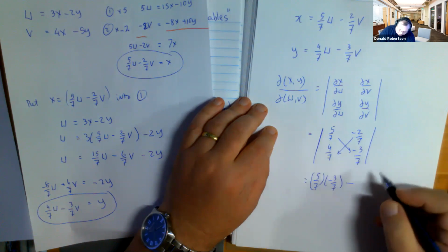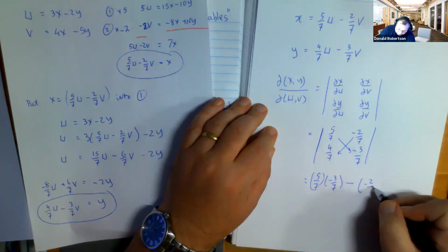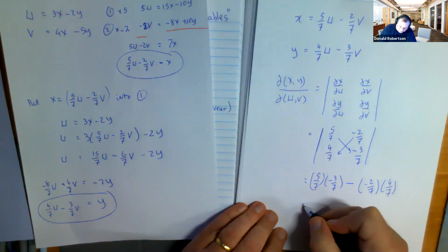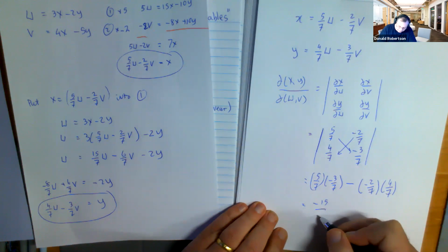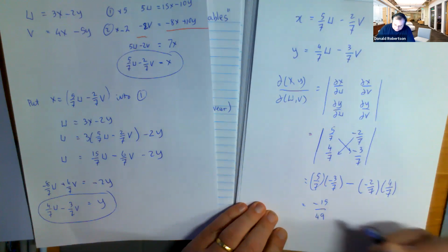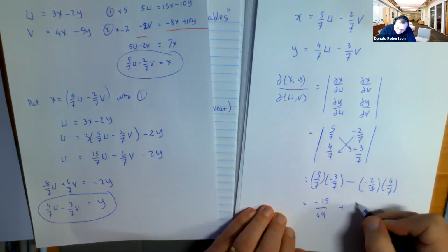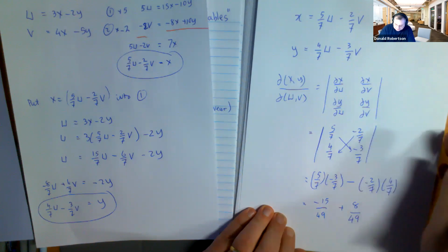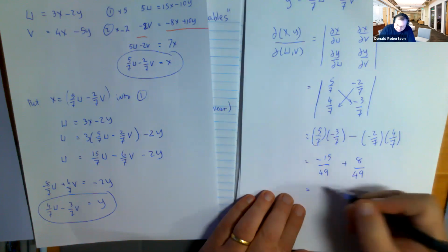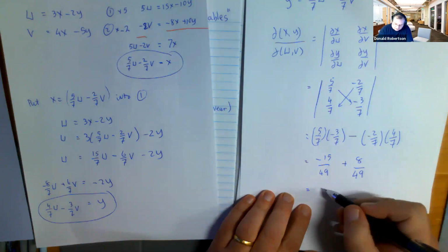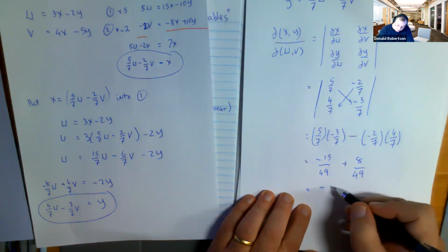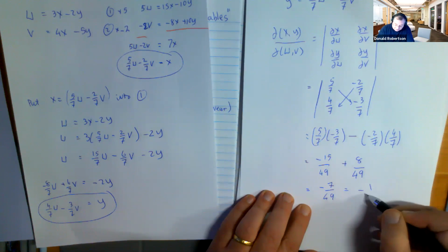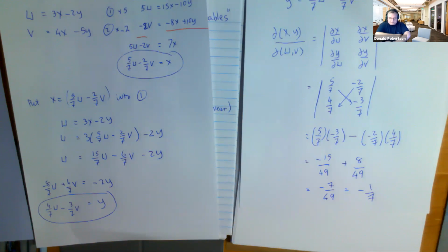Subtract minor diagonal, negative 2/7 times 4/7. That's negative 15/49. Add 8/49. And that gets me, I believe, negative 7/49, which gets me negative 1/7.